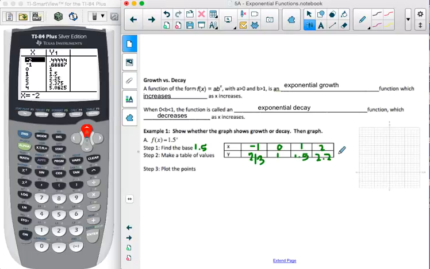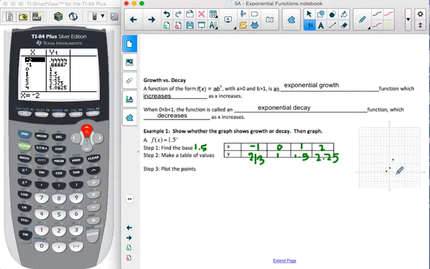So I'm going to go ahead and graph these, and knowing that that 1.5 makes it a growth function is going to hopefully help me realize whether or not I am doing a good job in terms of getting the right points here.